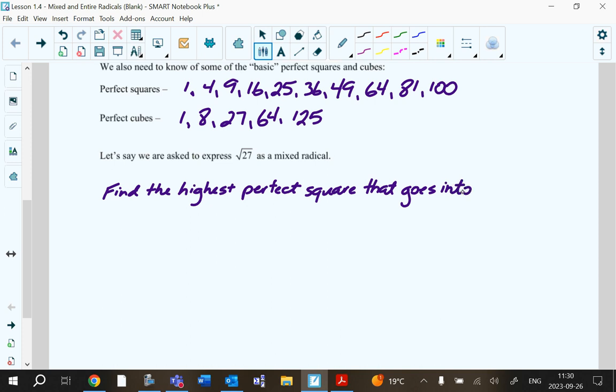That goes into 27. What's the highest perfect square that divides evenly into 27? You've got your list of perfect squares right there. 25 does not divide evenly into 27. 9.